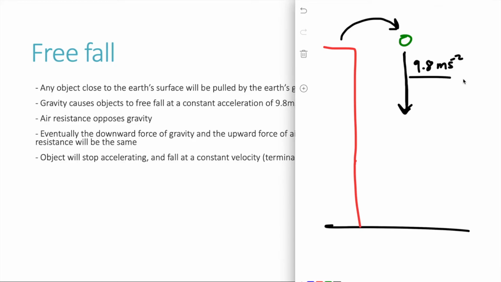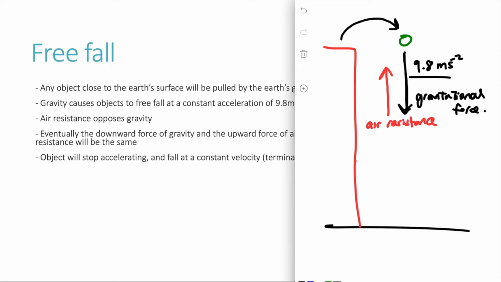As the object starts to gain speed from acceleration, the resistance going upwards, which is air resistance, also increases. Air resistance is the force that pushes it upwards, and the force accelerating the ball downwards is, as I said, the gravitational force.